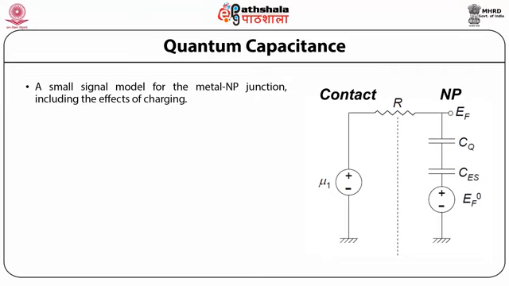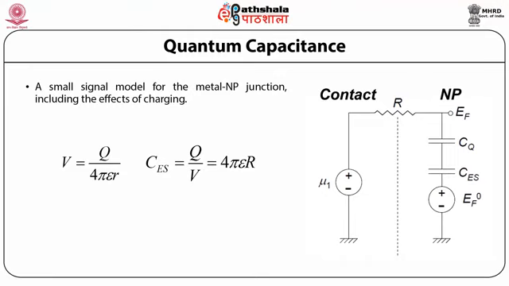To calculate CES, the electrostatic capacitance of a spherical nanoparticle of radius capital R, the potential at a point small r from the center of the sphere is V equal to Q by 4 pi epsilon r, where small r is greater than capital R. Epsilon is the dielectric constant of the nanoparticle, and Q is the net charge on the nanoparticle sphere.